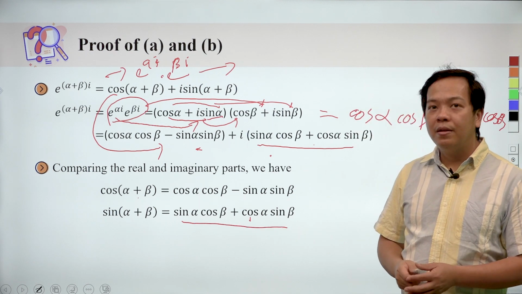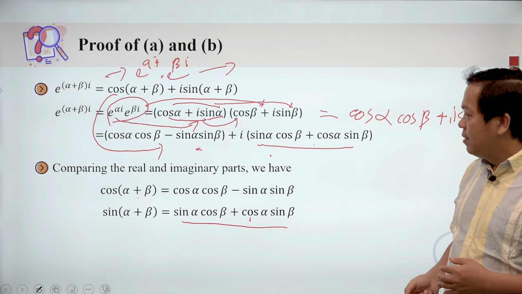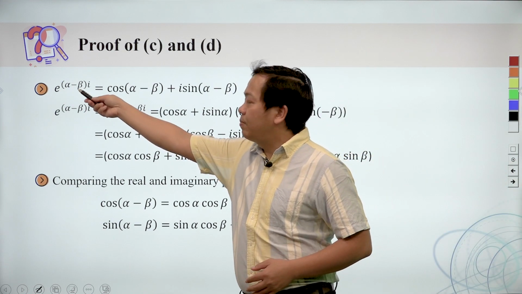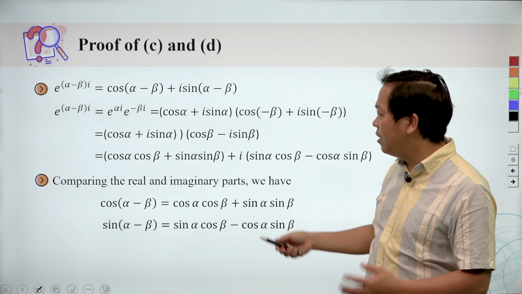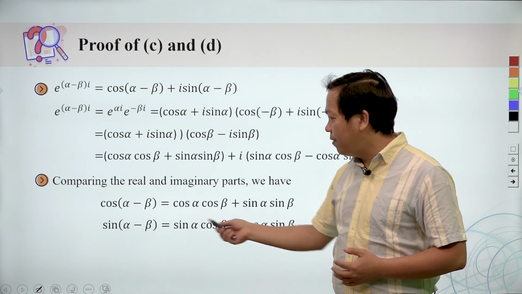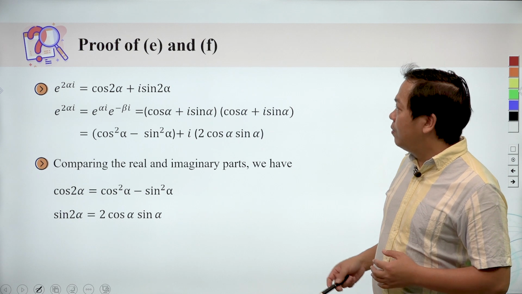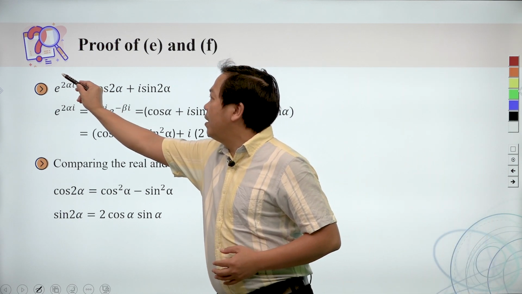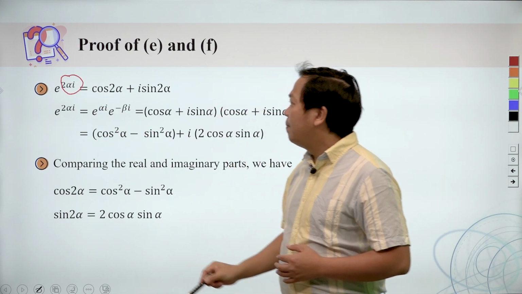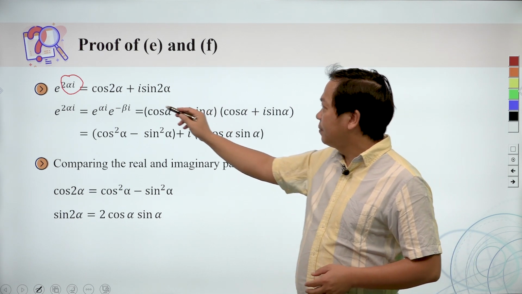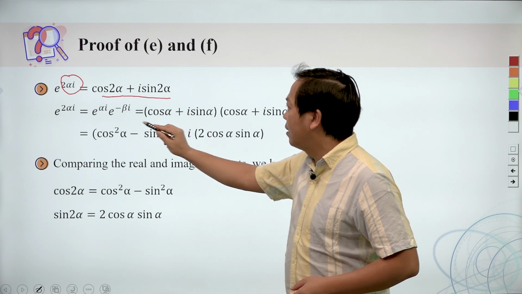Right, this is correct. And similarly, for subtraction we have the same mechanism and we can find this value. We have a 2 multiplied by the i, similarly, and based on the Euler formula we can get this.